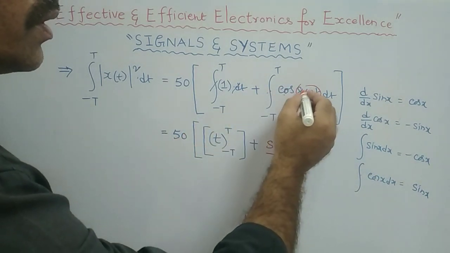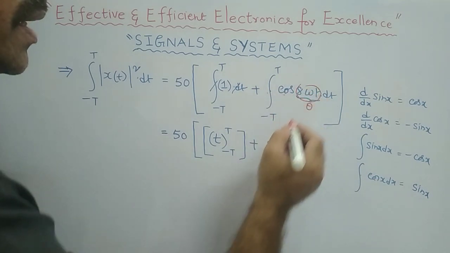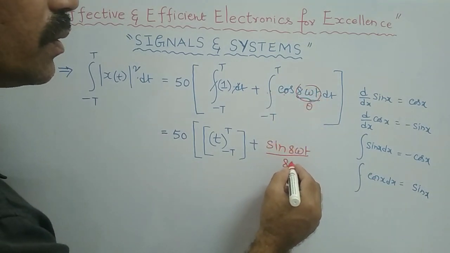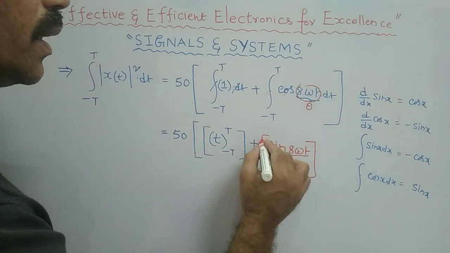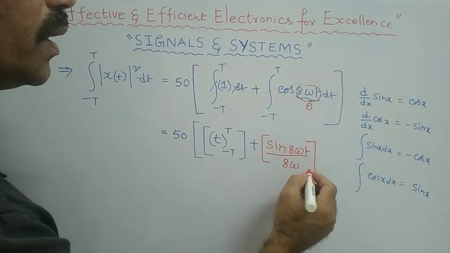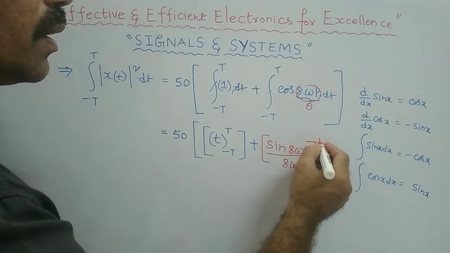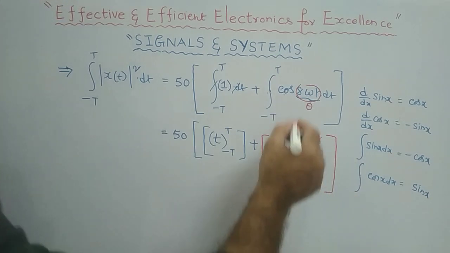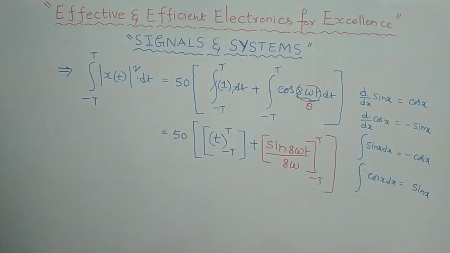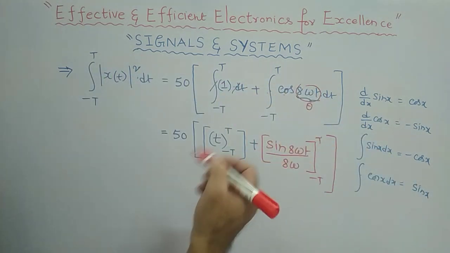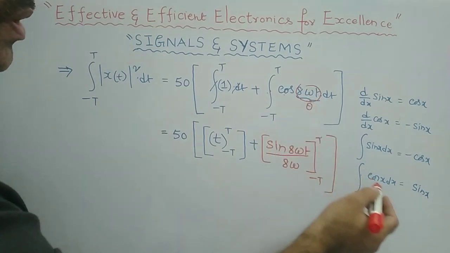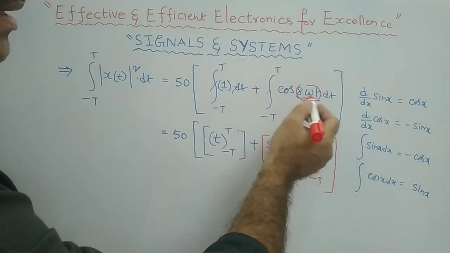Again, if you take the integral of 8 omega t, 8 omega comes in the denominator. Again, in this you substitute minus t to capital T. I think you understood the simplification of this integral part, because if it is directly cos x, sin x will be the result, but here x is nothing but theta, that is 8 omega t.